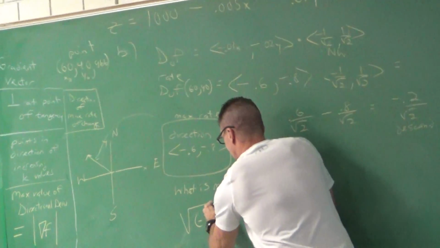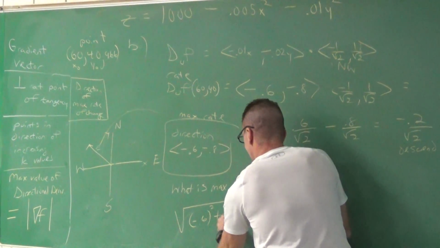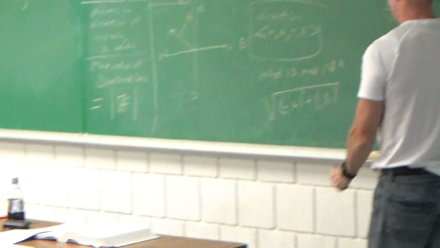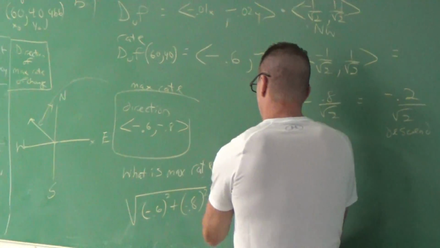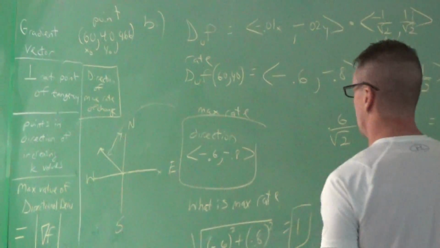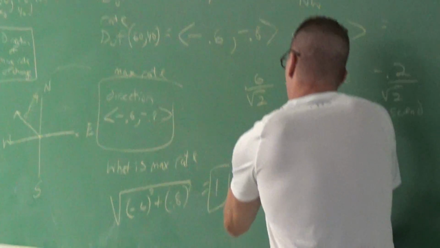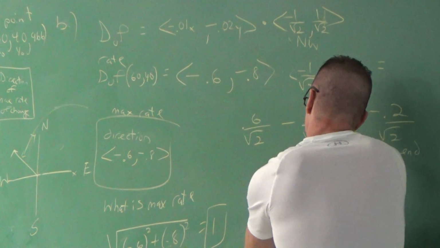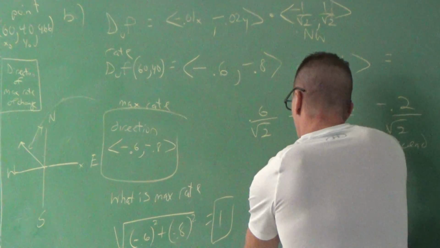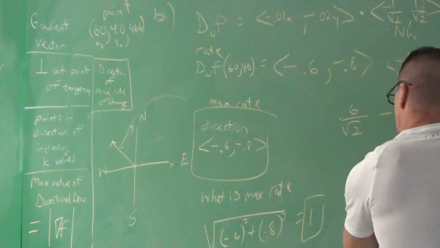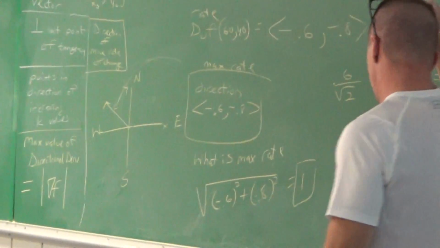Now, what's negative 0.6 squared plus 0.8 squared? 1. Right? So what we're saying would be 1 vertical meter per 1 horizontal meter. That would be the max rate of change at that point. Go up 1 for 1 going that way.